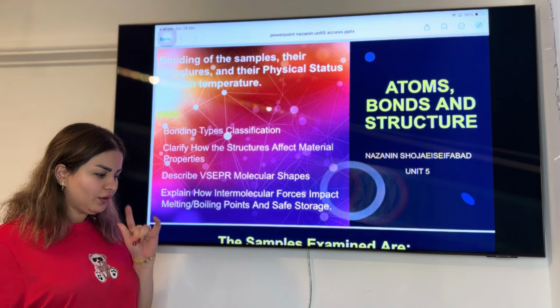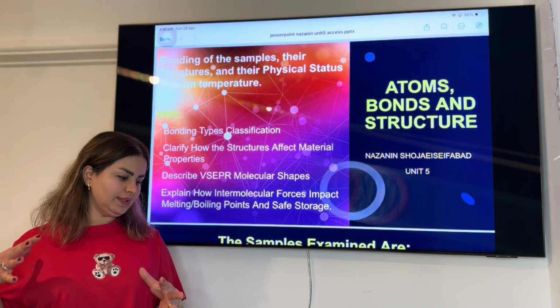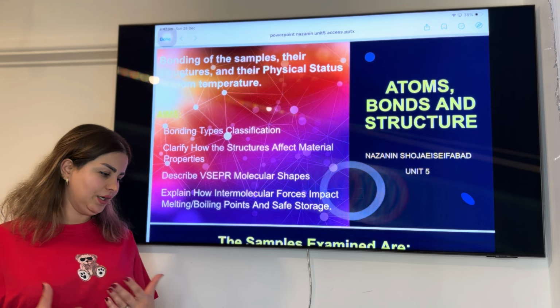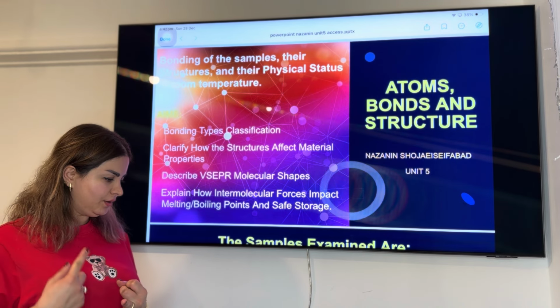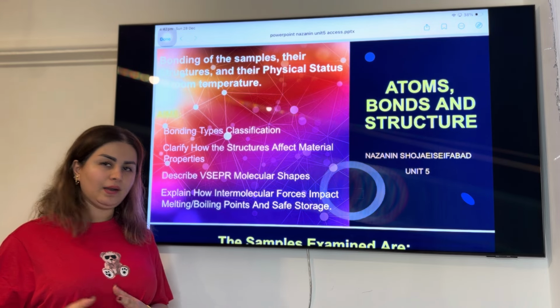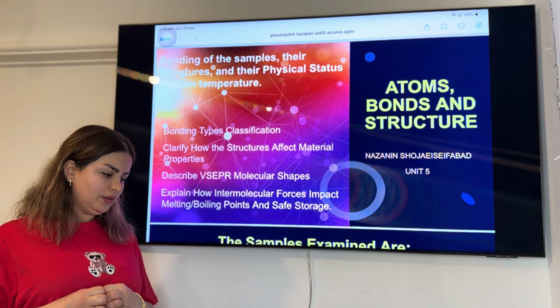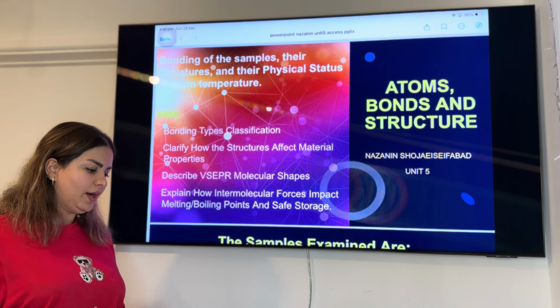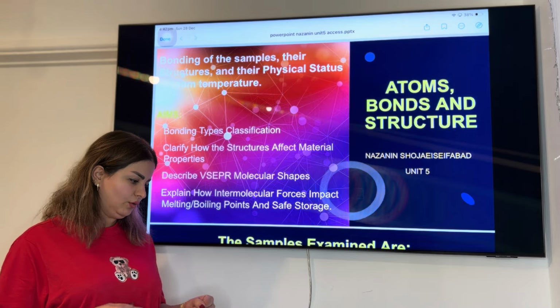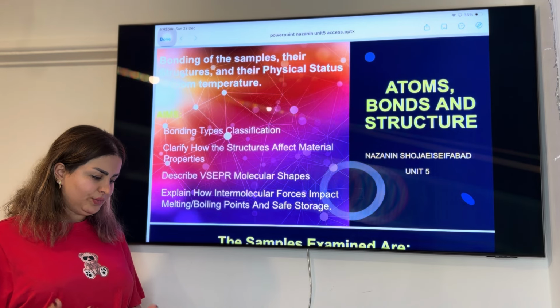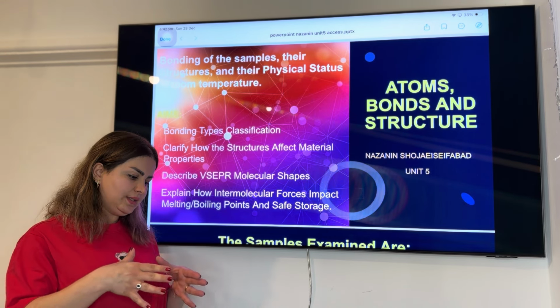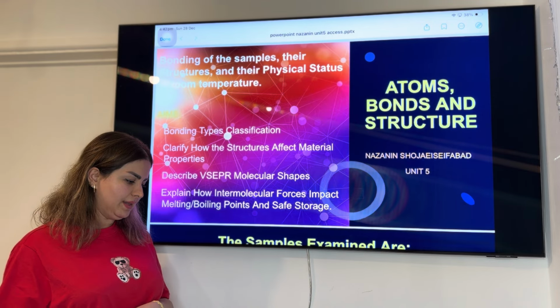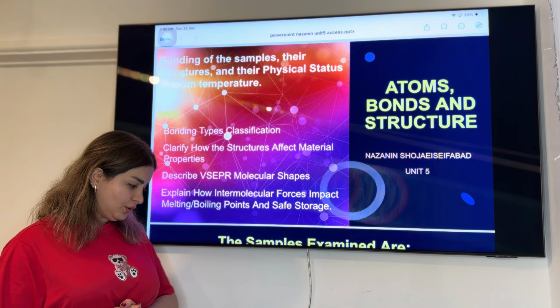So today we are going to talk about how the samples we were given, which are fluorine, krypton, silver, and barium, bond with other elements and why they exist as solid or gas at room temperature, and how this affects the way they should be stored.